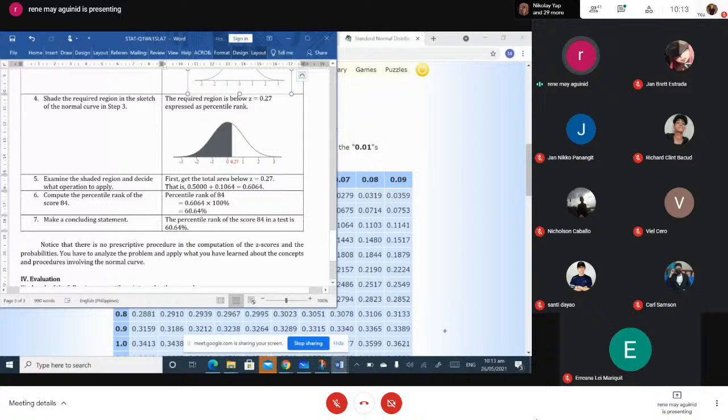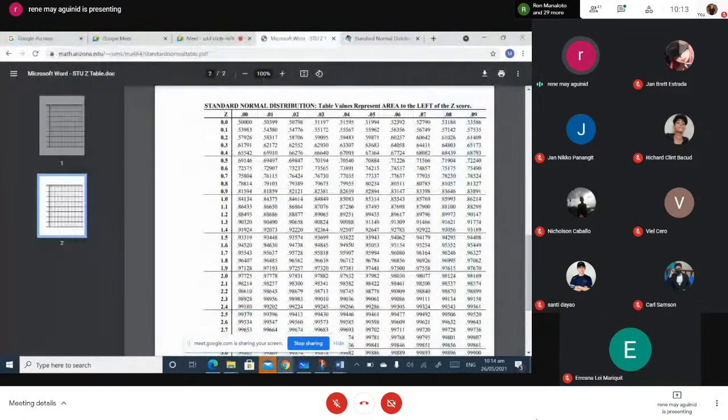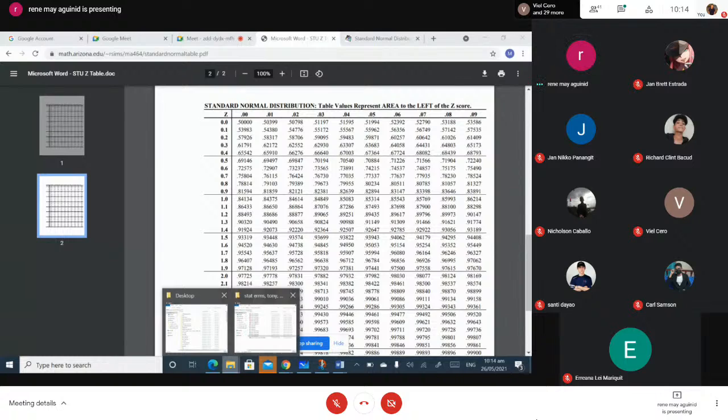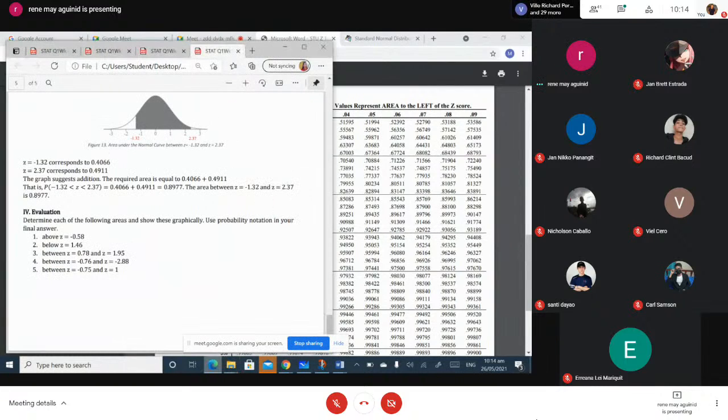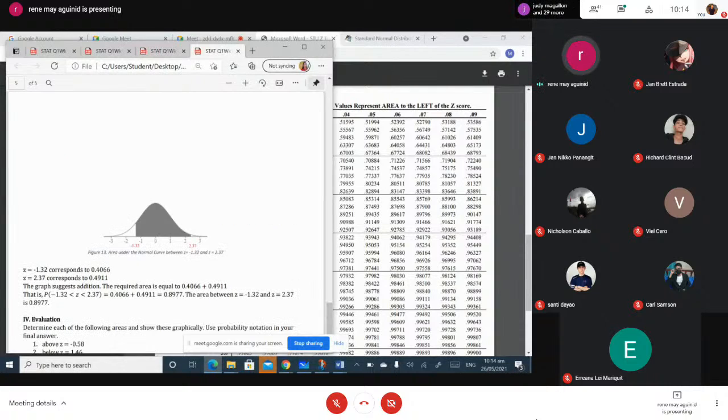So plus 0.5, since it is a percentile, from the left. So 0.5 plus 0.1064 is 0.6064.